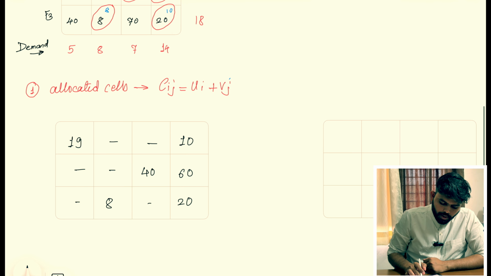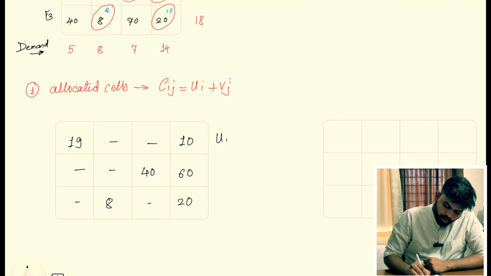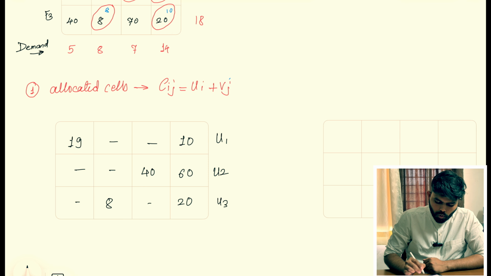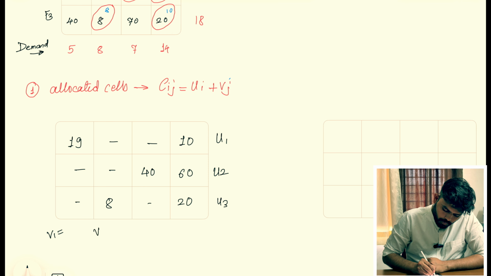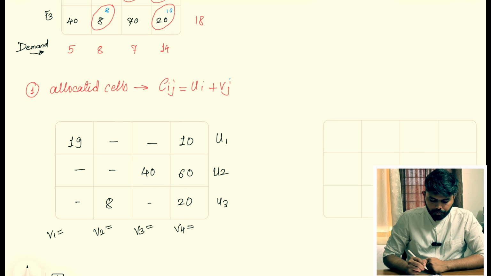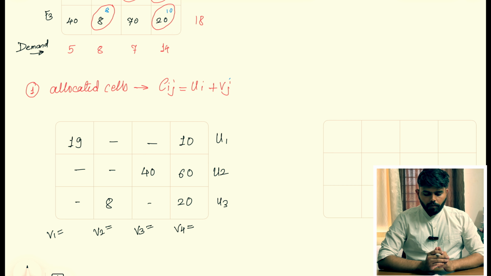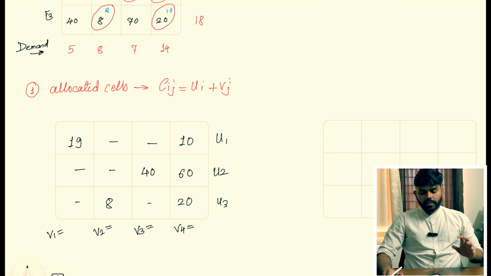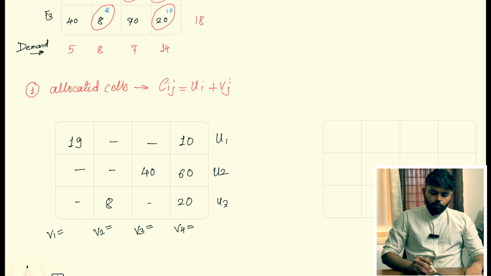Now in this matrix we need to write U1, U2, U3 for the 3 rows, and V1, V2, V3 and V4 for the 4 columns. Just identify a row or a column in which the maximum allocations are done. In the first row, 19 and 10, only 2 allocations.